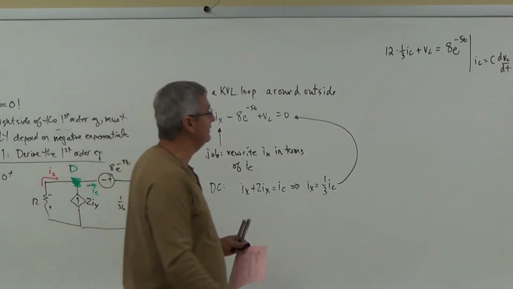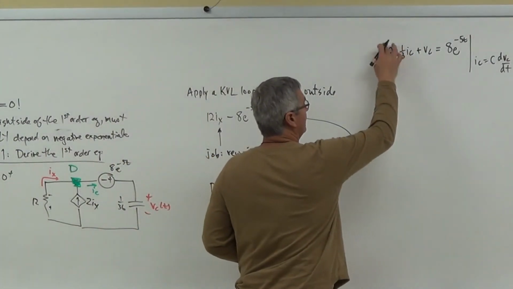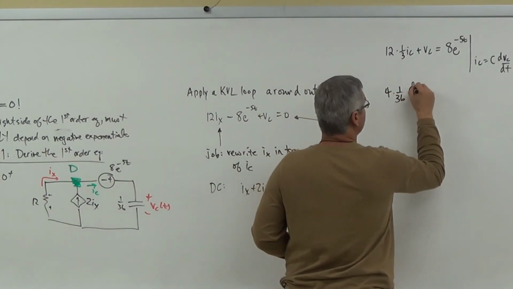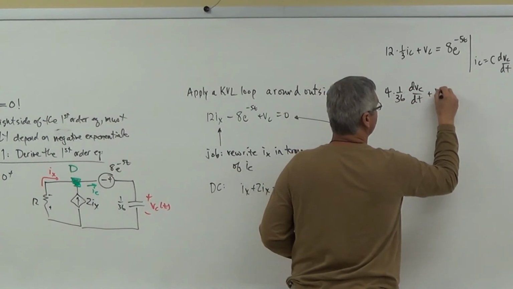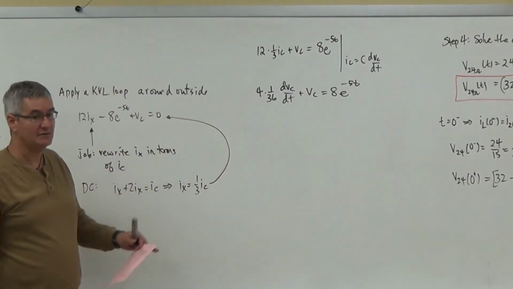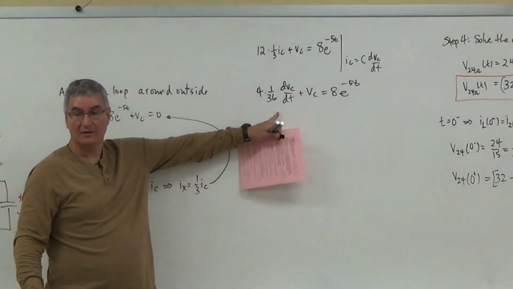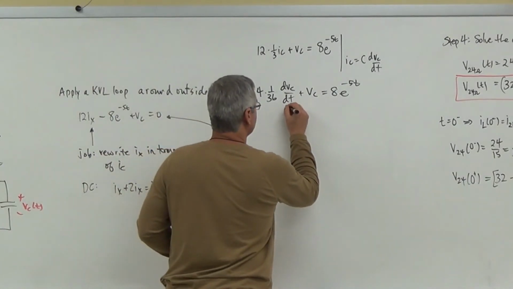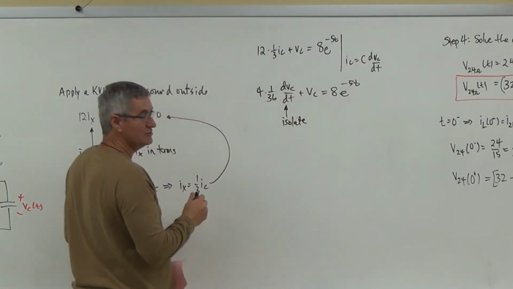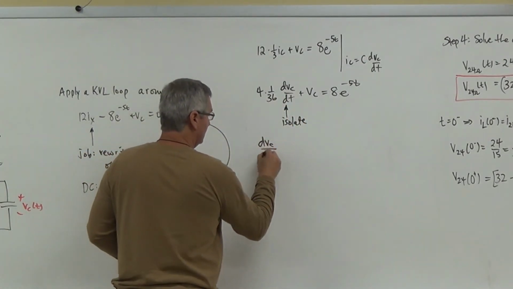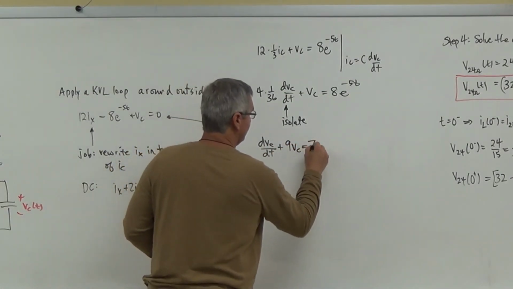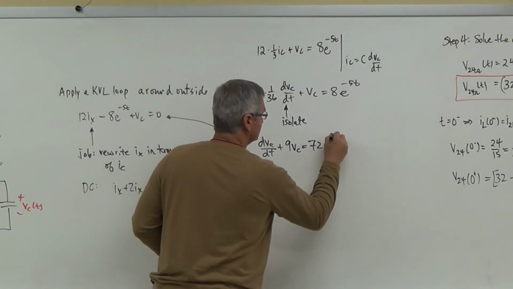If I look at this guy here, this is going to give me 4. So this is going to give me 4 times 1/36 dV dt plus Vc equals 8e to the minus 5t. So what do I got to do? I got to isolate this guy. If I isolate this guy, that means I got to multiply everything by 9. So I got 1/9, so I'm going to get dV dt plus 9 Vc equals 72 e to the minus 5t.